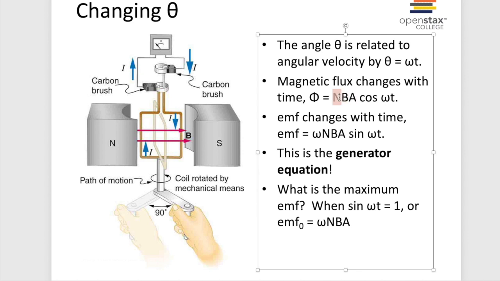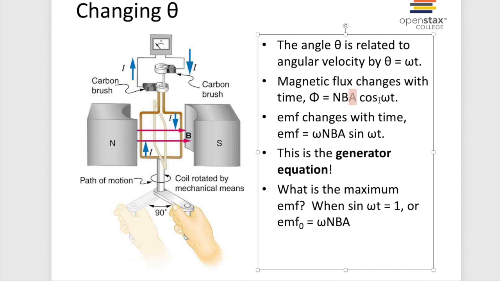Let's break that generator equation down. N is the number of loops. In this picture, there's only one loop, but in reality, we use solenoids. We use sets of loops. So N would be the number of coils in that set of loops. B is the strength of the field, so how strong are the magnets that you're using. A is the area of the loops or the coils.